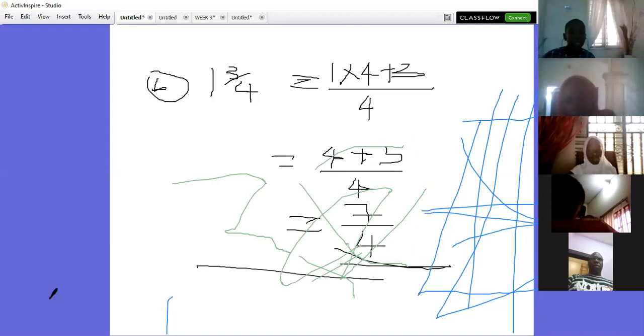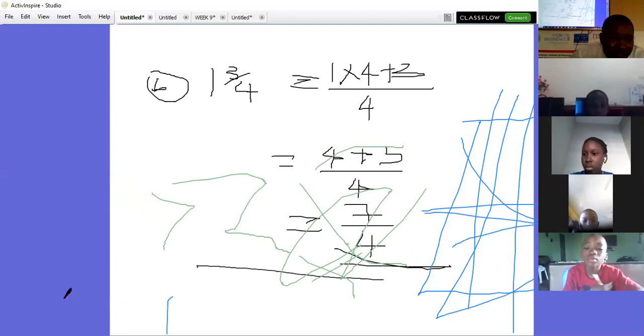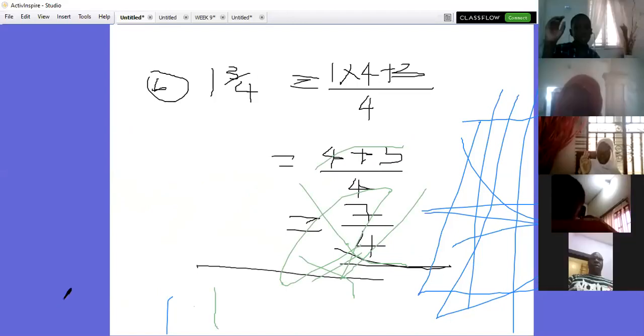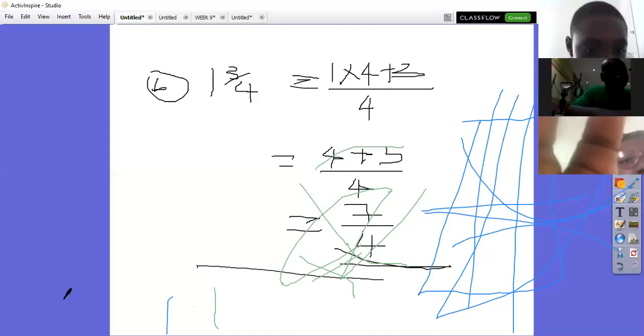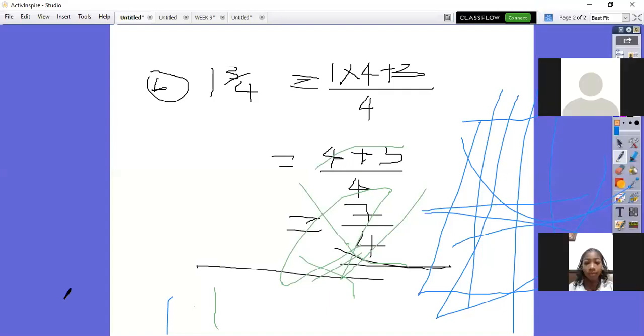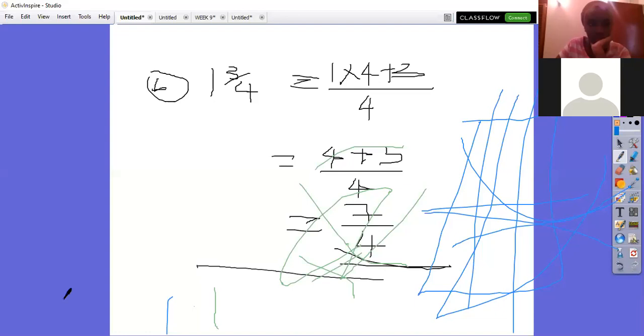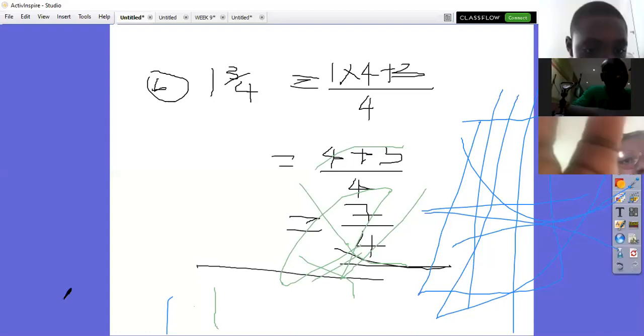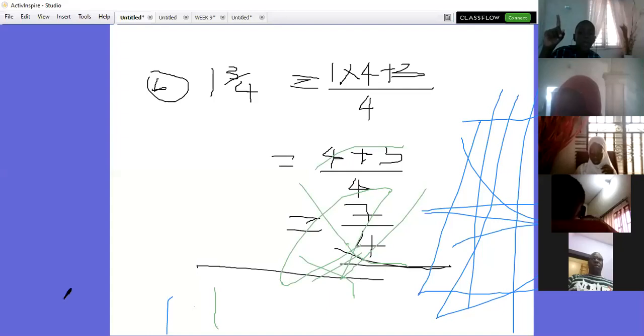Who can solve the next one for us? Farida, can you try it?